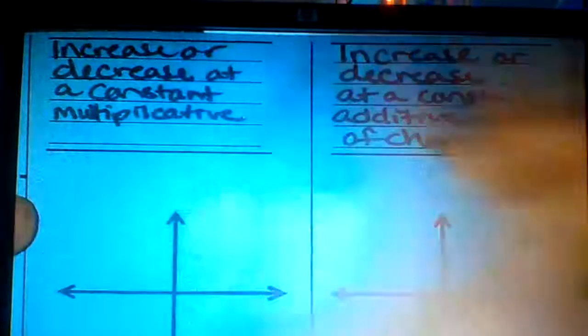So this is an increase or decrease at a constant multiplicative rate of change.